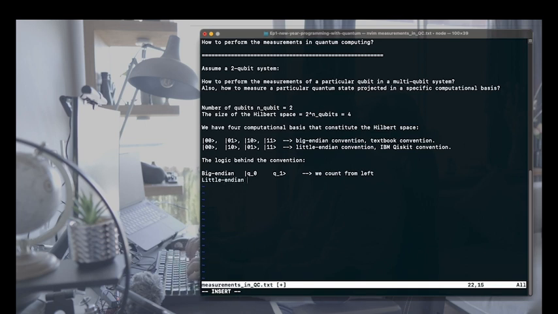On the contrary, in Little Endian, we count basically from the right.